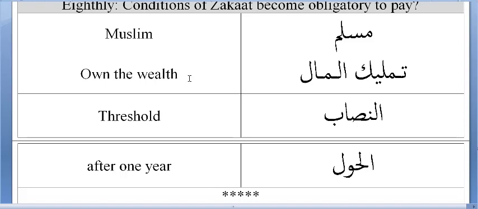That means you have something to pay zakah from. Number 3, threshold: it should reach the limit of that boundary. And number 4, after 1 year. If you fulfill these 4 conditions, then zakah is payable from your pocket.